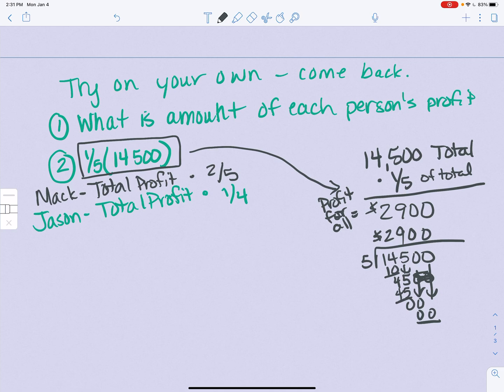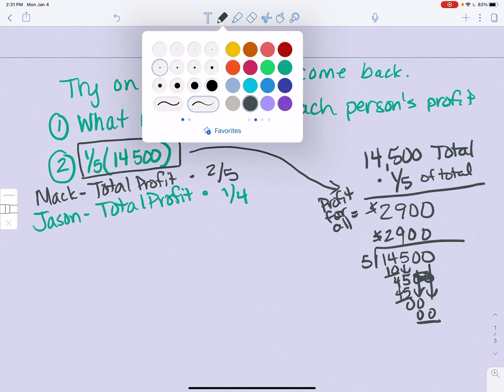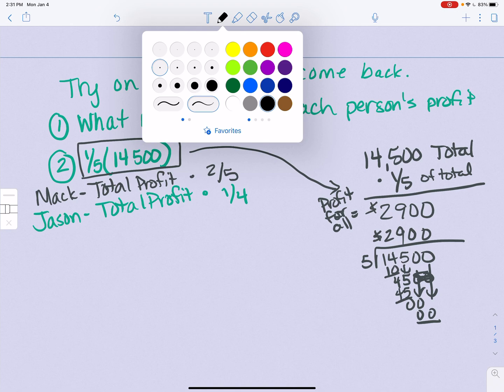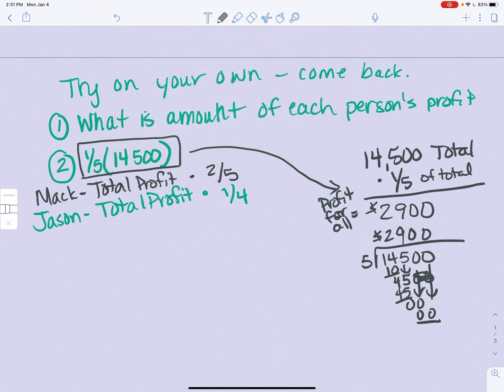So we can figure out some other things. And we've done this at the beginning of the year, doing some different problems. Let's go ahead and figure out what Mac earned. Now, he is gray, so we're going to take that total profit, which, remember, was $2,900. So Mac is 2,900 times 2/5.